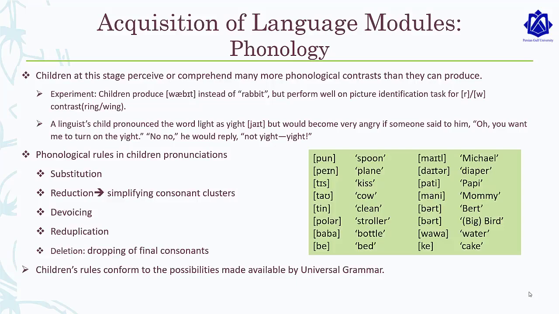They had some children who produced "wabbit" instead of "rabbit." Then they wanted to see if the children know the sound r, or whether they do not make a distinction between r and w. So what did they do?